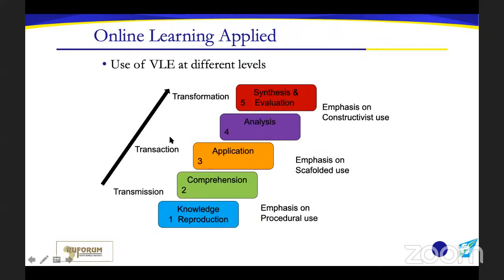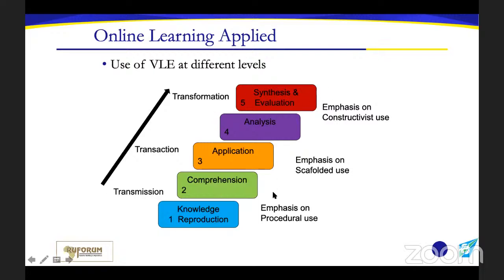So this is just a bit of a pictorial. When you're deploying goal-based learning, transmission is at the basic level, where you have more knowledge reproduction happening. But as you go upwards to transaction, comprehension starts, and application. But the moment you go further up, you have more analysis, synthesis and evaluation happening. So this is the lower level going up to the transformation level.